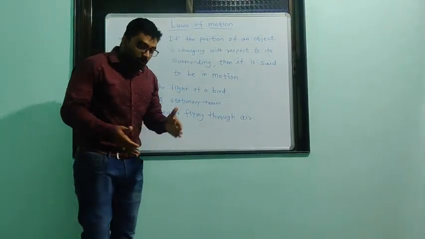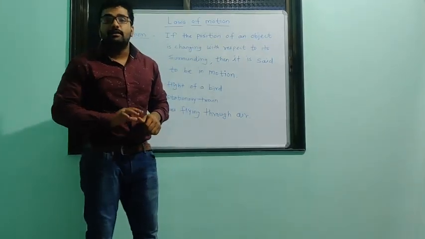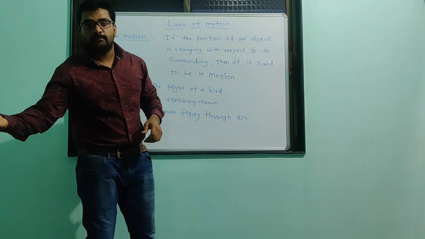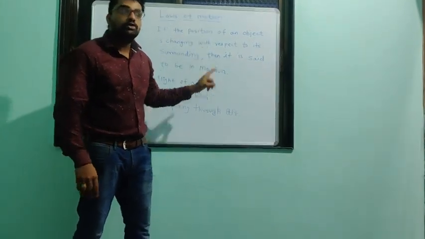So what happens here? The position of an object should always change with respect to the surrounding. Then and only then we can say that the object is in motion.